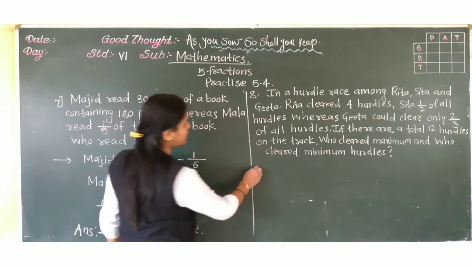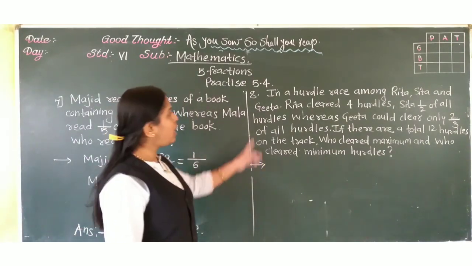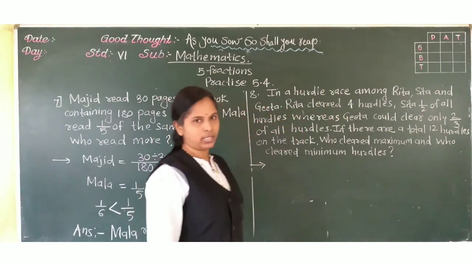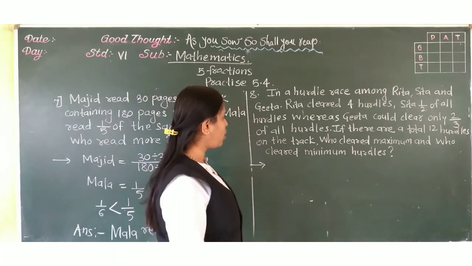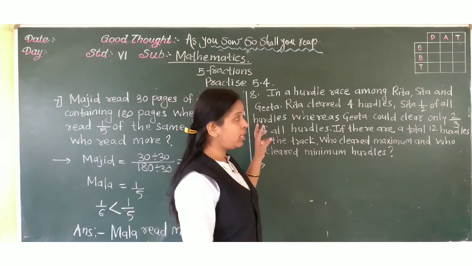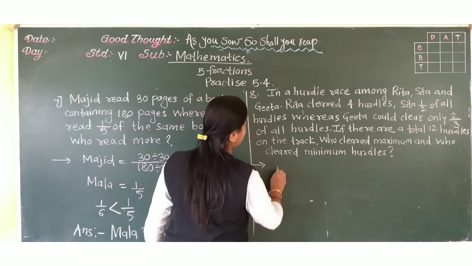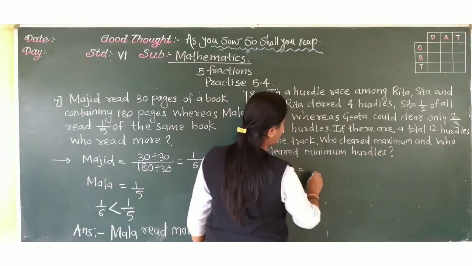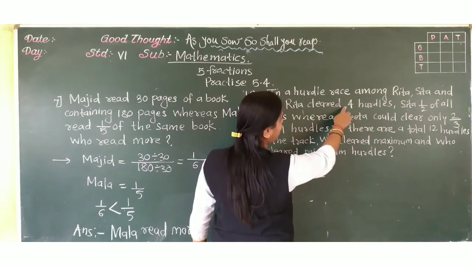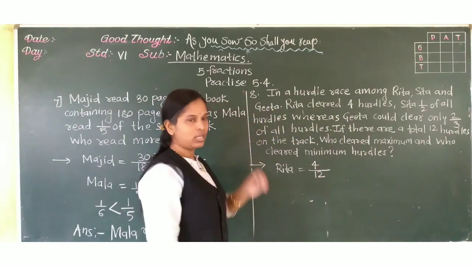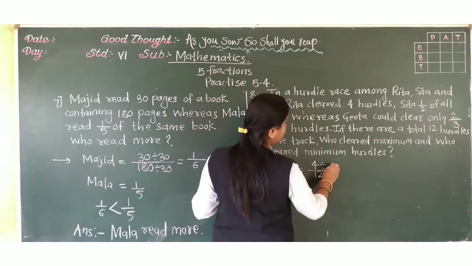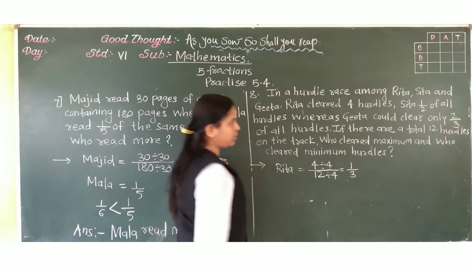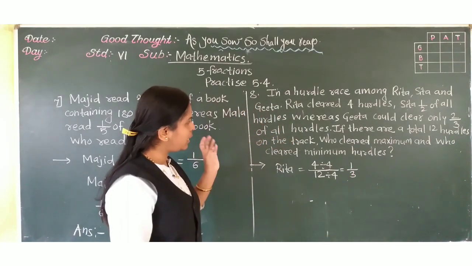Okay. Now next, the 8th one. In a hurdle race among Rita, Sita and Geeta, Rita cleared 4 hurdles, Sita 1 upon 2 of all hurdles, whereas Geeta could clear only 2 upon 3. Now see here, Rita. Total how many hurdles are there? If there are a total of 12 hurdles, out of that how many hurdles did she clear? Rita 4. That means its HCF is 4, so 1 upon 3 she cleared.